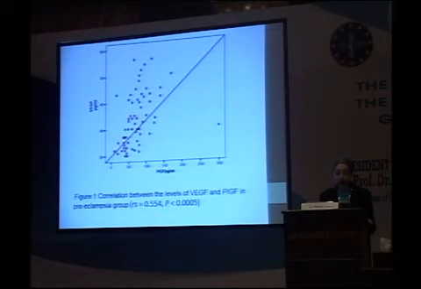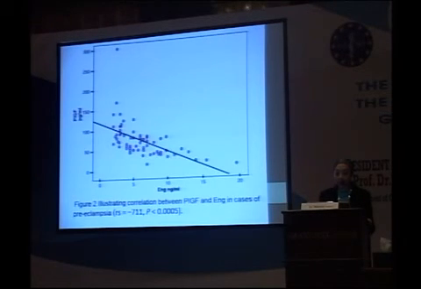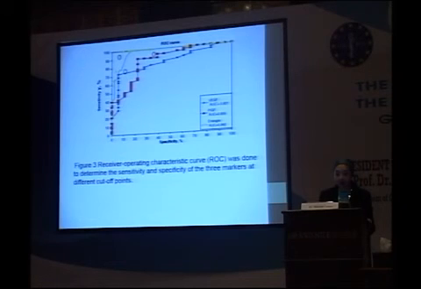This figure shows the correlation between the levels of vascular endothelial growth factor and placental growth factor in the preeclampsia group. And this is soluble endoglin with placental growth factor, which shows negative correlation.